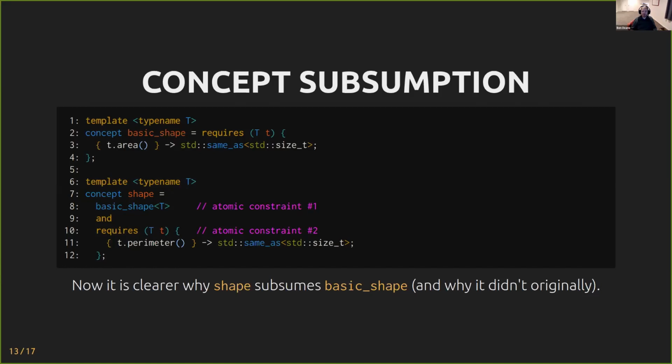If we rewrite the shape concept and put basic shape T on the outside, now the compiler can see that it's of the form A and B, and that A is basic shape, and of course that subsumes. That means that shape now does subsume basic shape. All right, so we're all good. We write the concepts like this, and the compiler says, all right, I know how to do that. Shape subsumes basic shape, and our rectangle call is no longer ambiguous. So that works.